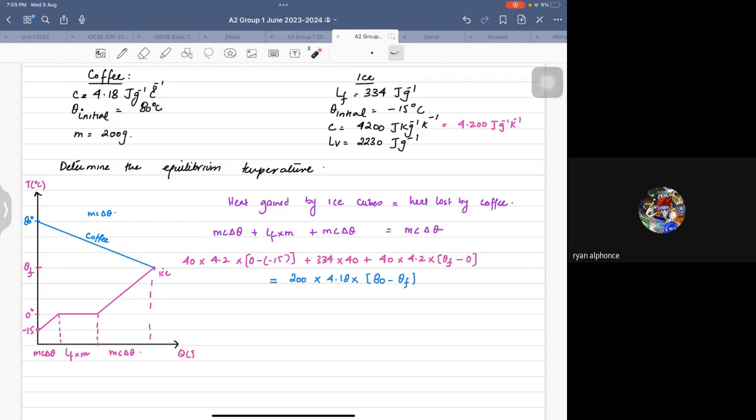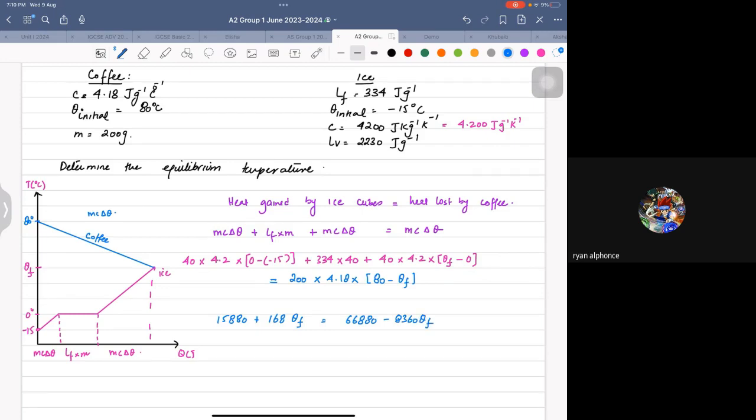Now let's solve this, right? So solving this up, the first part is gonna be something like 15880 plus 168 theta f equals to 66880 minus 8360 theta f.